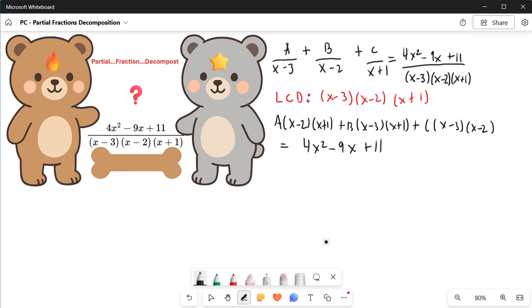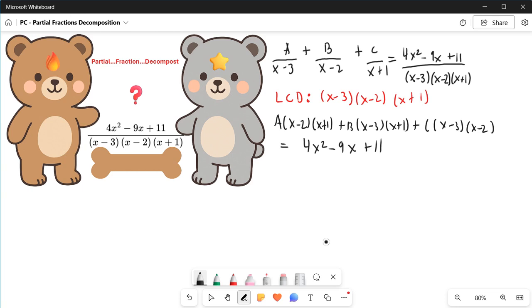Now, for this, what we need to do is just plug in any set of values that would cancel out these factors. So the strategic values would be negative 1, 2, and 3.